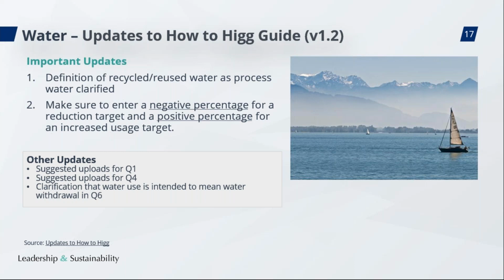It specifies three general types of water recycling or reuse practices. First is wastewater recycled back in the same process or higher use of recycled water in the process cycle. Second is wastewater recycled or reused in a different process but within the same facility. And third is wastewater reused at another of the reporting organization's facilities.